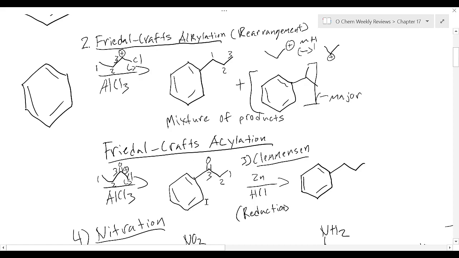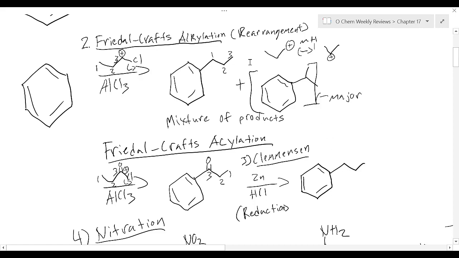Now if I want to go from here to here, we undergo a reduction called Clemmensen. Hopefully this is familiar to you. We have to use zinc and hydrochloric acid to reduce that carbonyl to a plain alkane.